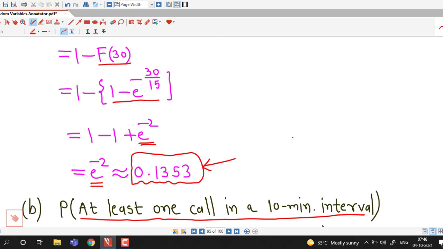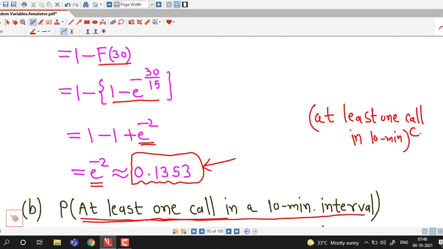Now if we think about the complementary event of this event, our event is at least one call in a 10-minute interval. So what will be the complementary event? That event is nothing but no calls in the 10-minute time interval.